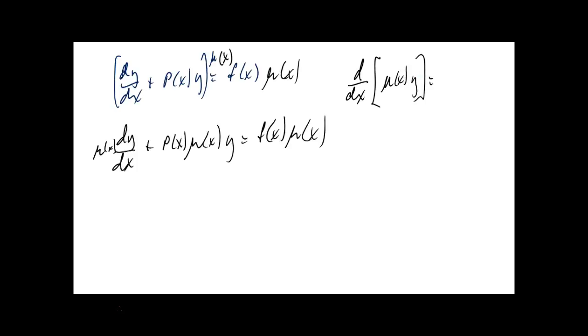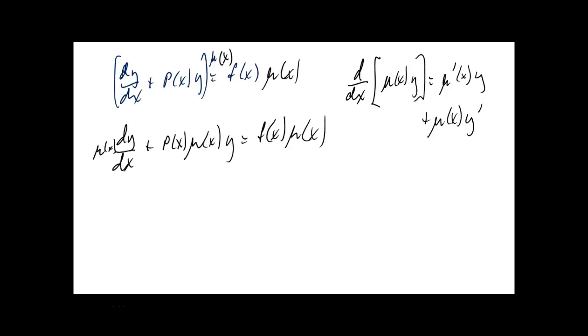Mu prime of x times y, plus mu of x times y prime. Make sure y prime, it's just like a variable.